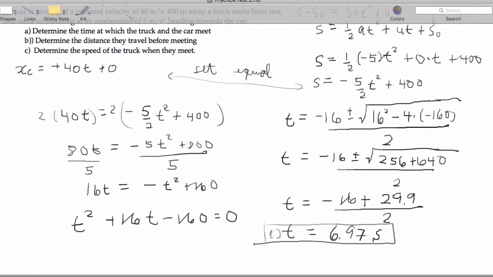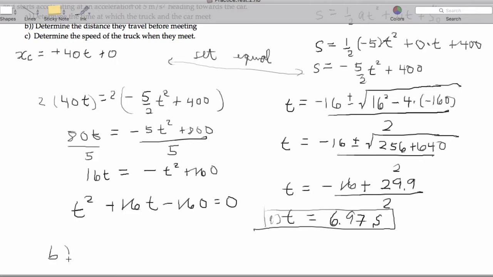Now let's do part B. In part B, we want the distance they travel. I'll plug this back into the car equation. So that'll be 40 times 6.97 seconds, and that's going to give me 279 roughly for the car.